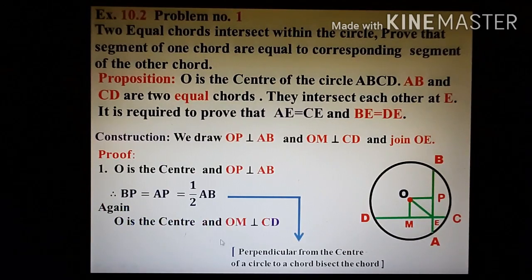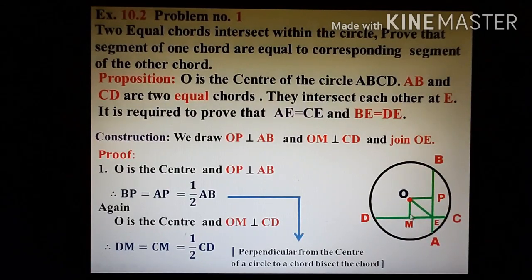Okay, now again we can write O is the center and OM is a perpendicular to CD. Therefore, we can write DM will be equal to CM. Therefore, DM is equal to CM, which is also half of CD.